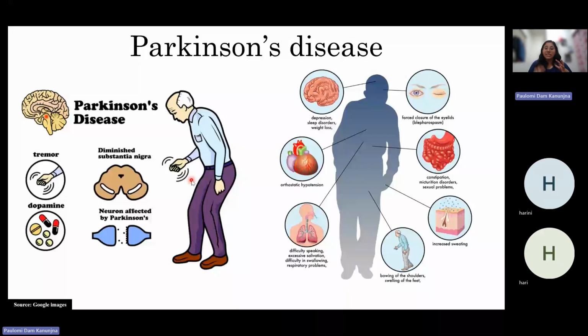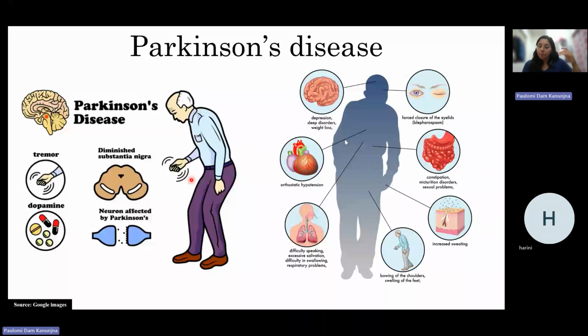Now, unlike Alzheimer's, this is more of a dopaminergic neuron problem. You can directly target that dopamine, so we have come up with a treatment. If you remember, the treatment was L-DOPA treatment, also called levodopa treatment. Because your dopamine is getting affected, the doctors give a dopamine precursor.